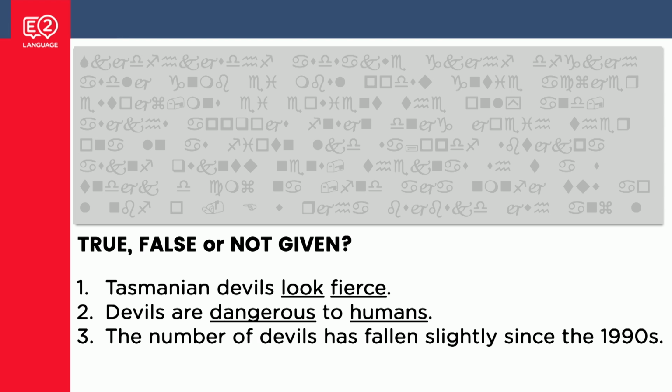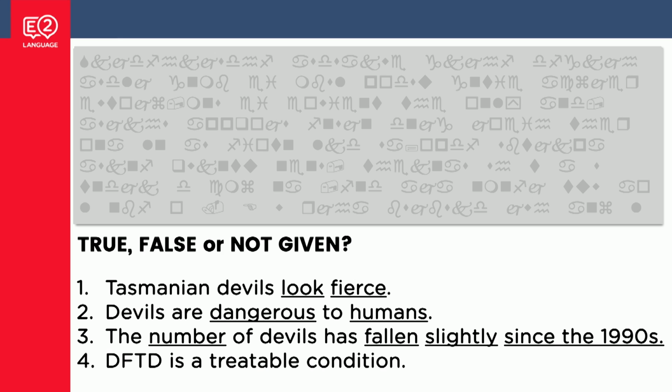Question 3, the number of devils has fallen slightly since the 1990s. Keywords: fallen slightly, since the 1990s. You might choose slightly different words, that's okay. I think that these are the best keywords. And question 4, DFTD is a treatable condition. What is DFTD? I don't know, but hopefully the text will tell us. And treatable condition is also a keyword.